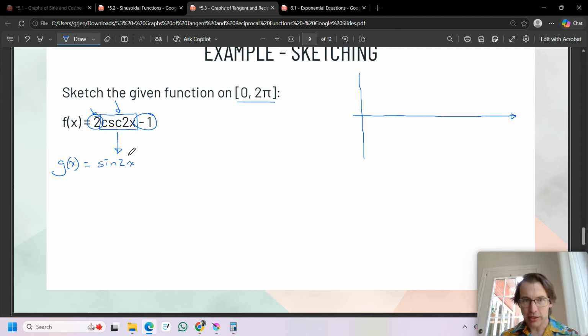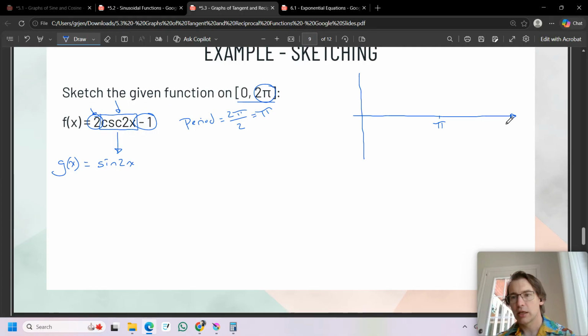So sine of 2x, and we want this on the domain 0 to pi. So I happen to know that my period there is equal to 2 pi on k, which in this case is 2, so the period is pi. So I'm going to get 2 full cycles here, which is just great. It's exactly the number of cycles I wanted to see of this thing.